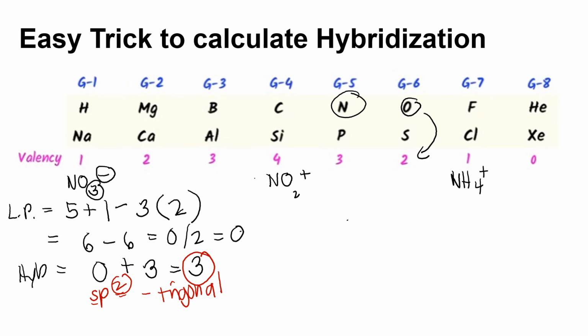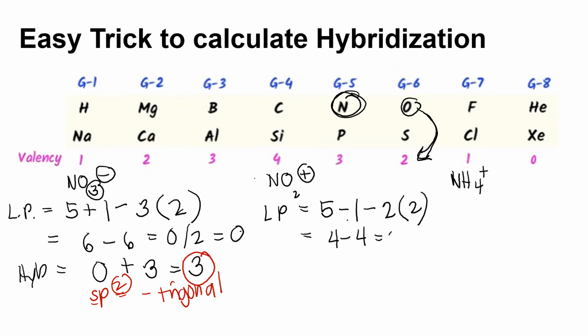So let's look at another example. For the lone pair, the nitrogen group number is 5. We minus 1 since this is a positive, and then minus 2 times the valency of oxygen, which is 2. If you compute that, that is 4 minus 4 equals 0 over 2.